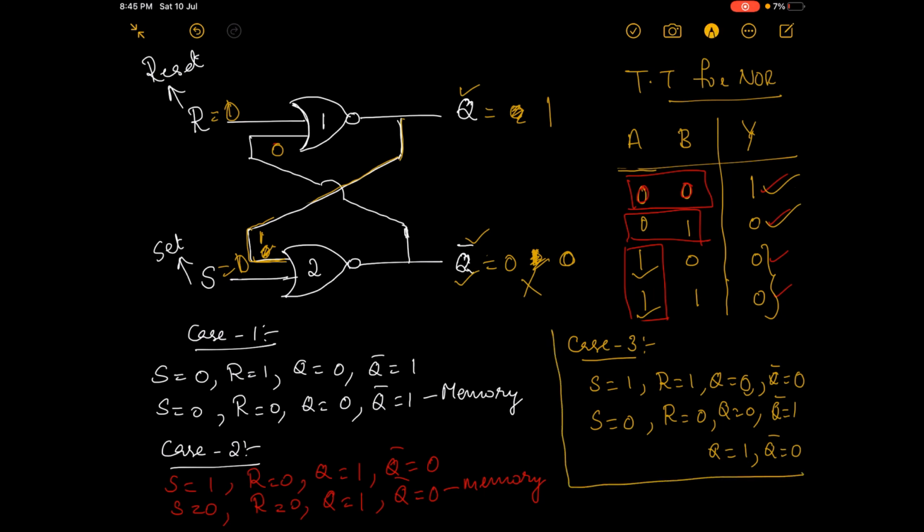So this is a bit confusing and therefore this condition is not used. The case 1 and case 2 are important. The case 3 is not used in the SR latch.